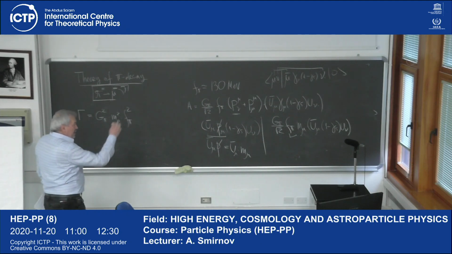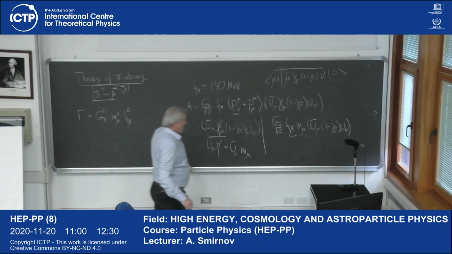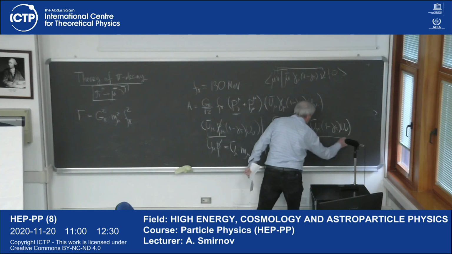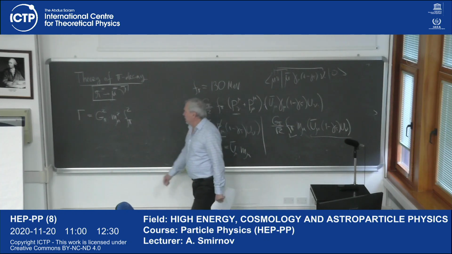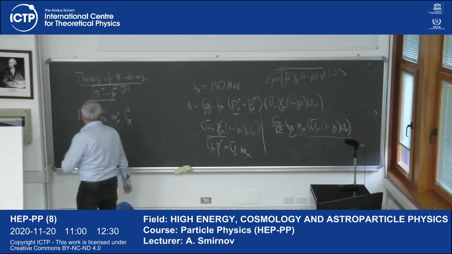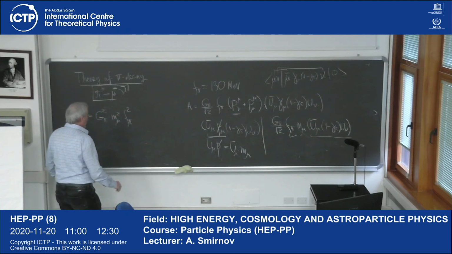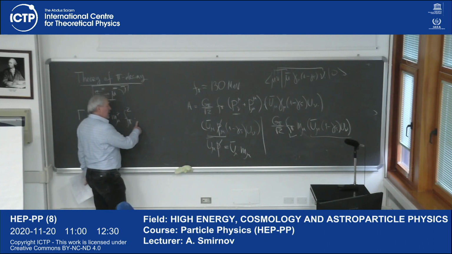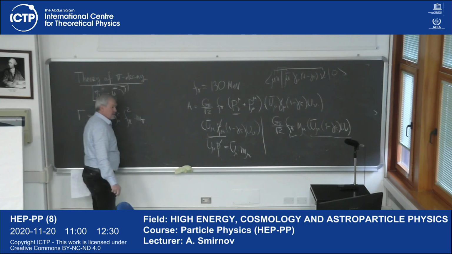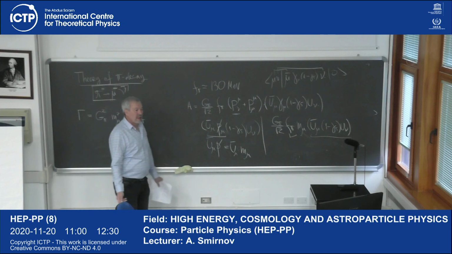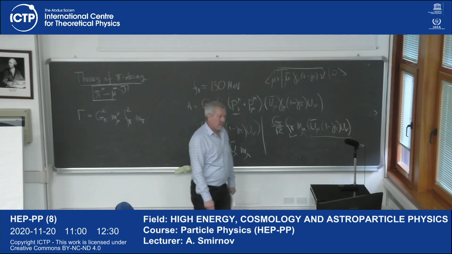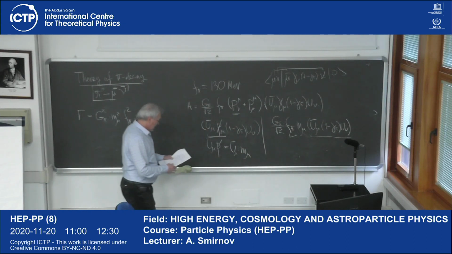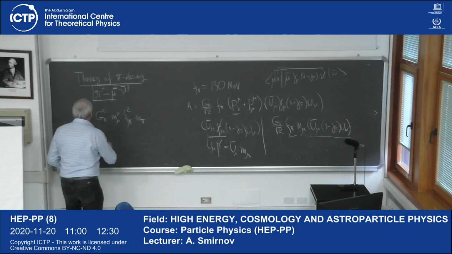And now what is left out of this square can again be reconstructed immediately using dimensional arguments if you want. It is clear that it should be something which has dimension of mass. And in the first place, what I should write is the mass of the pion. It's clear that if the mass of the pion is 0, then the decay rate should be 0, because a massless particle cannot decay. Now let me write the precise expression.